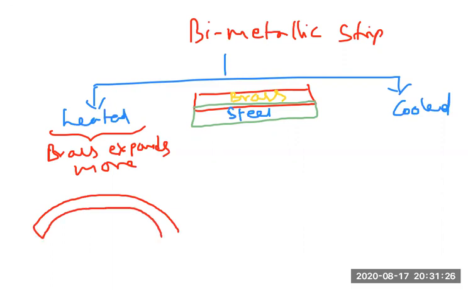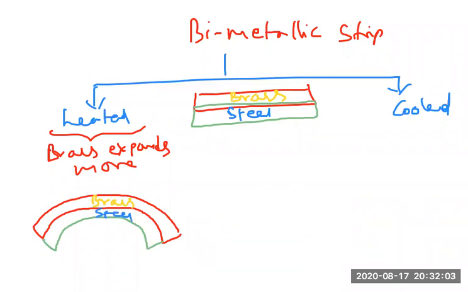Brass is expanding more than steel, so we get a curve where the brass curvature is greater than the steel curvature. Okay, Aisha? What I told is brass expands more means brass curvature is more than steel. So in this first case, the upper one is brass and the inner one is steel.